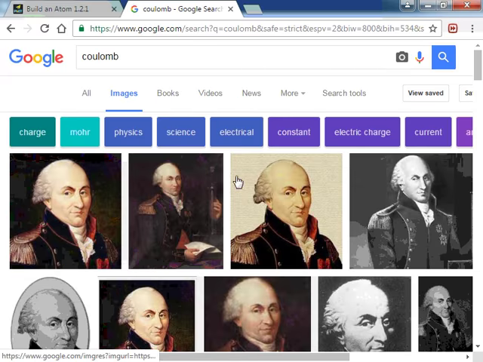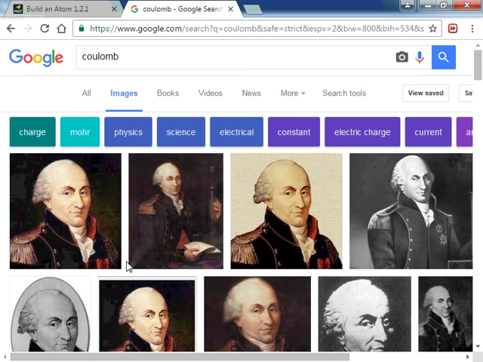So that's the guy who discovered charge. His name's Coulomb, and he's French. He kind of looks French too. And you can literally see that it says electric charge, current, charge, all sorts of things, right? So he worked with all of those things.